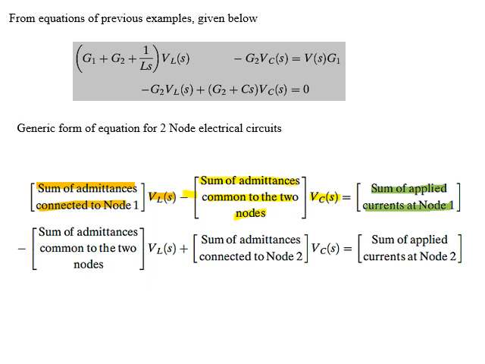Similarly, for the second node, the equation will be all the admittances connected directly to node 2, which is G2 of s plus C of s, multiplied by the node voltage, and subtracting the admittance of the component which is common between node 1 and node 2, or node Vc of s and VL of s, that is G2 of s, and will be equal to the sum of applied current at node 2.